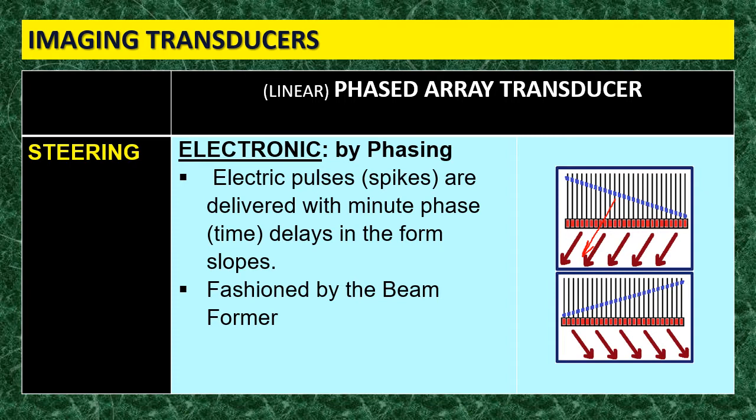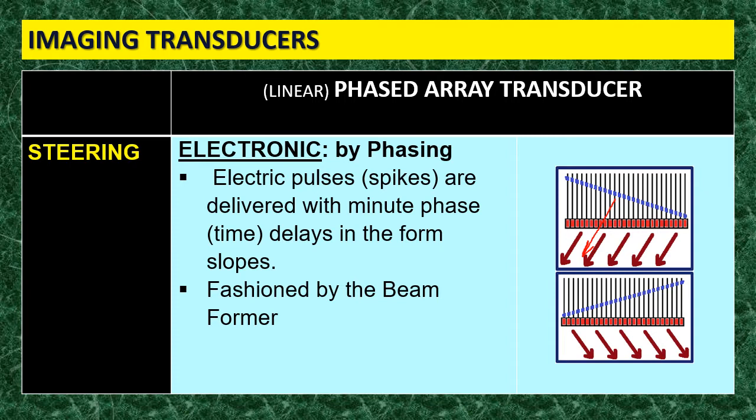What is phasing? In the ultrasound machine, there's a part called the beamformer. The beamformer receives the electric pulse from the pulser, takes this pulse and multiplies it into many pulses, and each one of these pulses is delivered through one wire.